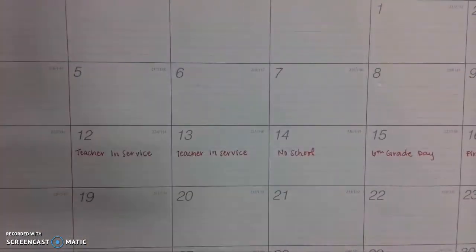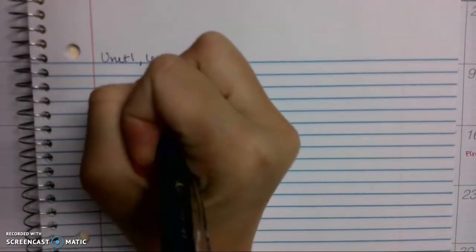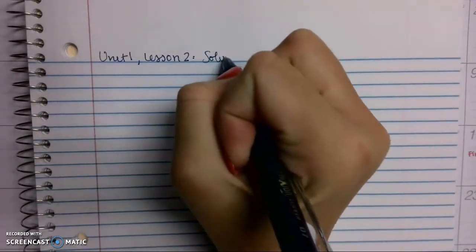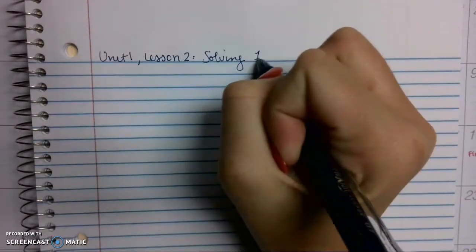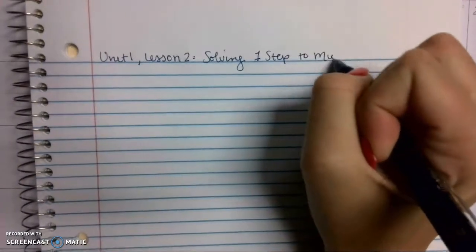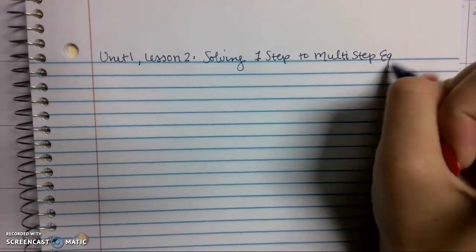This is Unit 1, Lesson number 2. And again, we're solving one step, which you guys have seen before, but we're going to reach up to multi-step today in our examples. Wow, that's a long title.